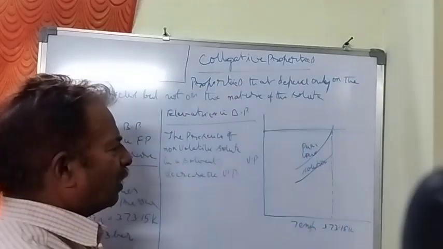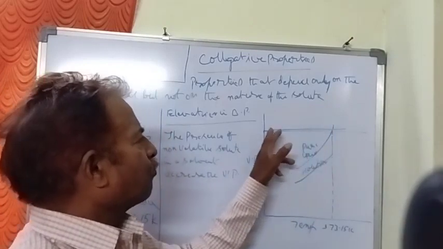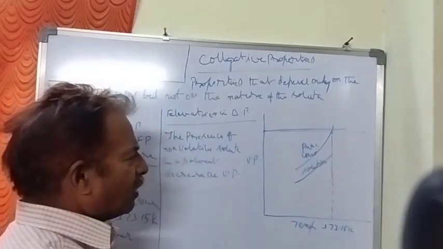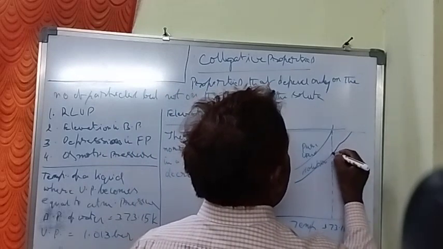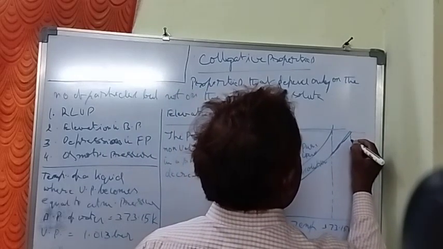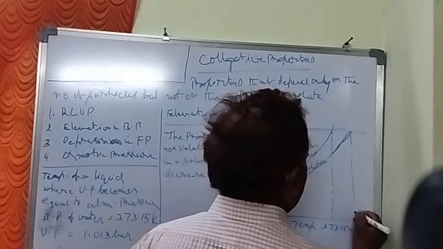In this solution, the vapor pressure does not reach the atmospheric pressure. In order to equalize this vapor pressure to the atmospheric pressure, we have to raise the temperature. So the temperature reaches up to here.